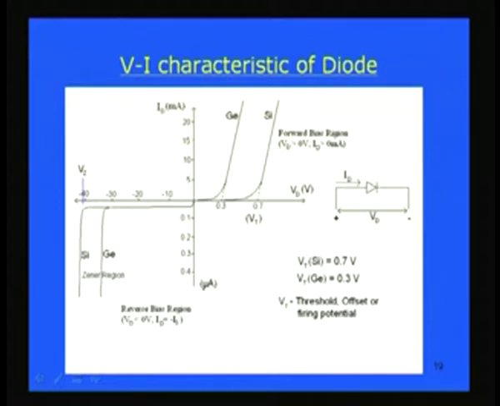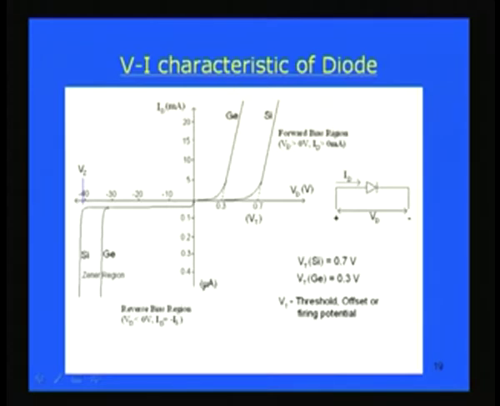Now, in the reverse bias condition, when you apply a negative voltage, you will find that the current is very small, in the order of microamperes. Even if you go on increasing the voltage, this reverse saturation current will not increase; it will be almost constant, because as I mentioned earlier, it depends on the temperature.